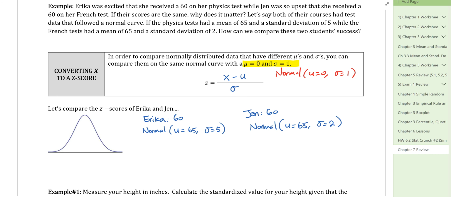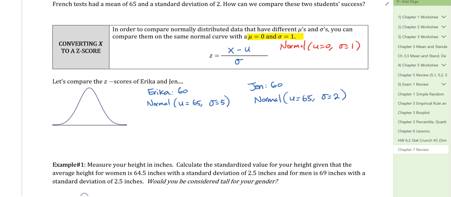Erica's class average follows a normal distribution with mu 65 and standard deviation 5, while Jen's class has a mu of 65 and standard deviation of 2. Before we do the problem, we want to write them down so it's easier to check. So now let's convert them both into a z.